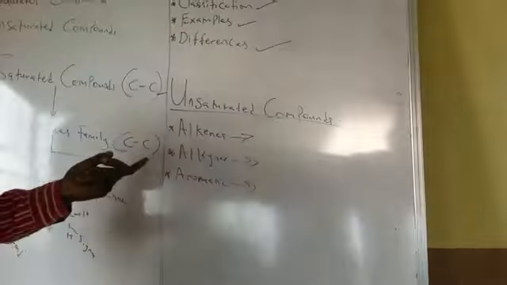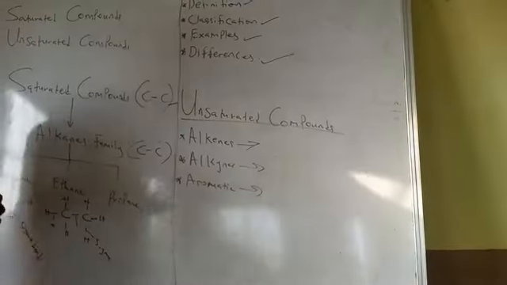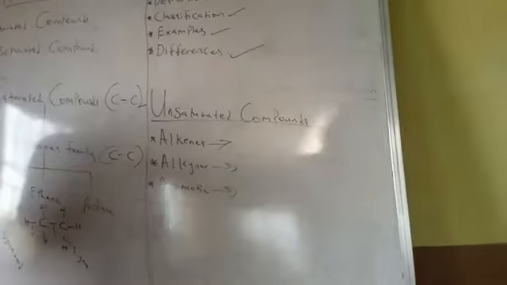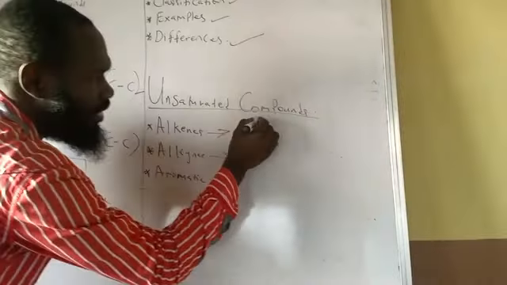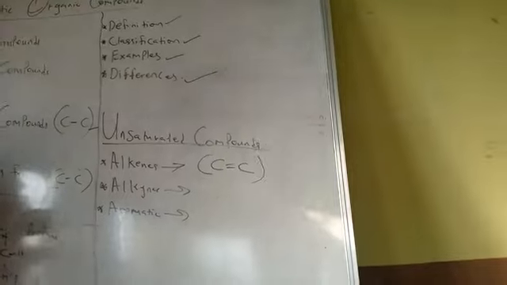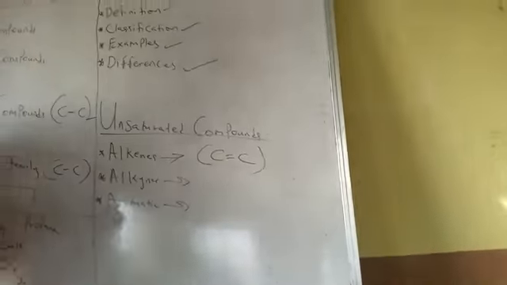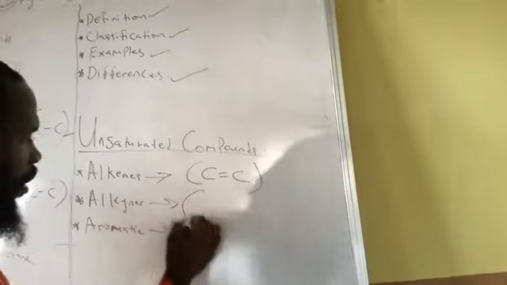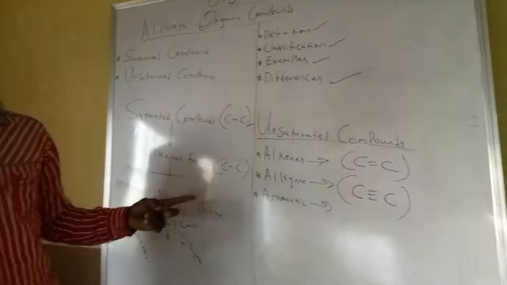For you to know that these are unsaturated, we say they contain multiple bonds, either 2 or 3, and so on. The alkene group is denoted as carbon-carbon double bond. When you see a carbon-carbon double bond, it is denoted as an alkene group, and it falls under unsaturated compounds. We also have the alkyne, which is a carbon-carbon triple bond. They also fall under the unsaturated compounds.